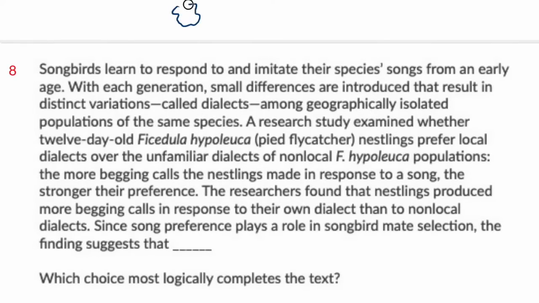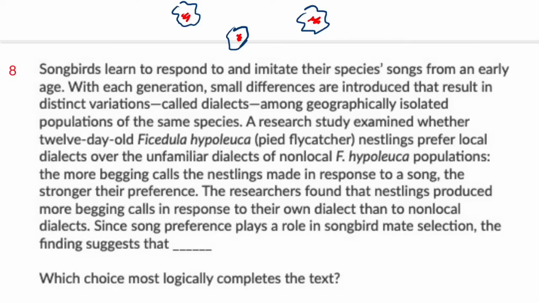So maybe you've got an island over here and an island over there and an island over there. So we have birds of the same species, but they have slightly different songs. And I guess if you're talking about birds, they might not be that isolated, but let's suppose the islands are far enough apart that the birds are not just going from one to the other.